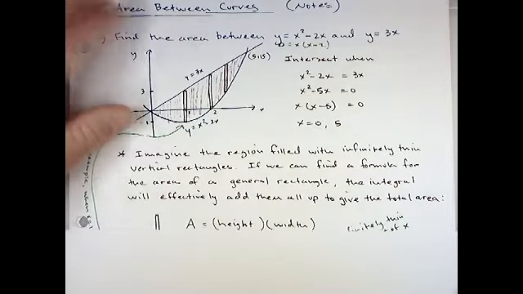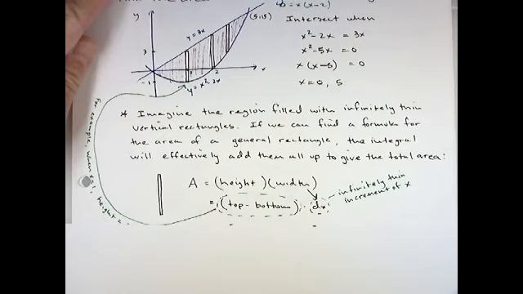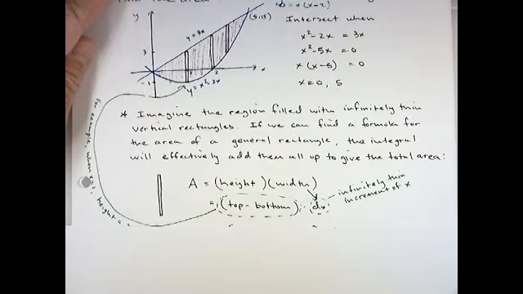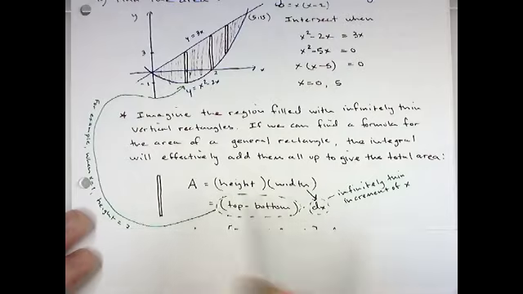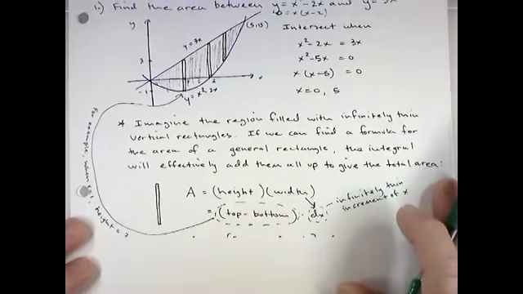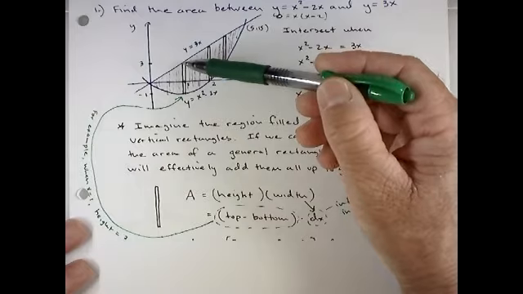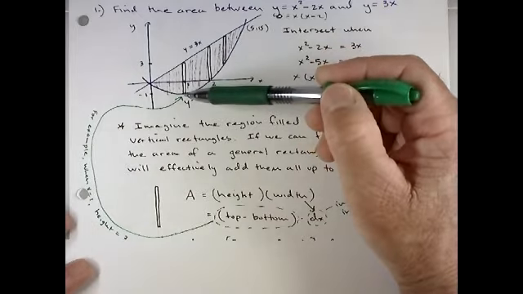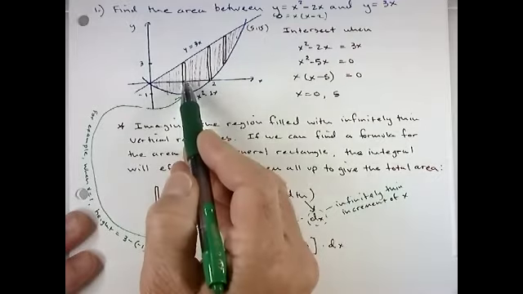So how do we do that? Well, the area of a rectangle is height times width. And the height of any one of these rectangles that we put inside this region is always going to be the top function minus the bottom function. For instance, let's consider the rectangle right at x equals 1.